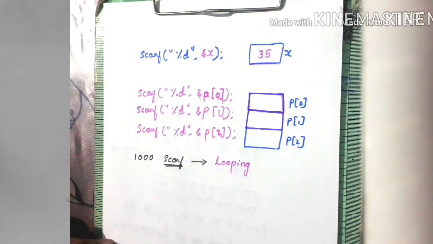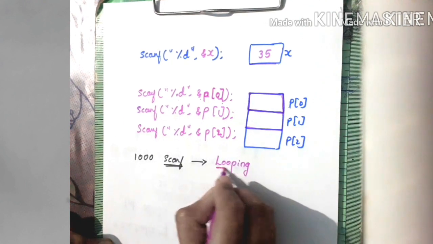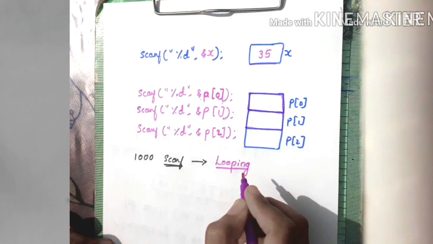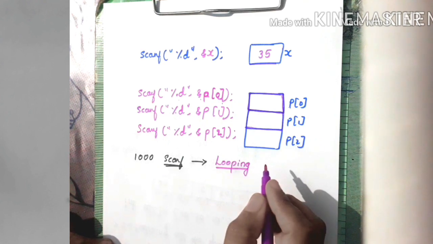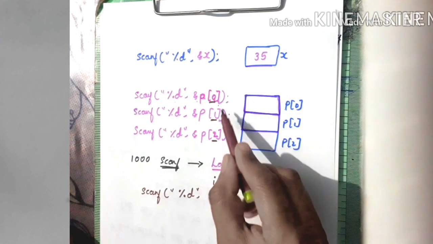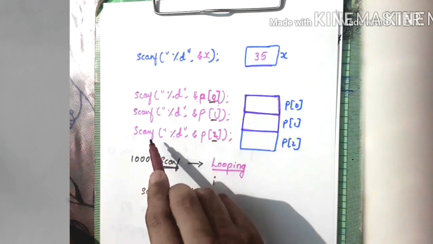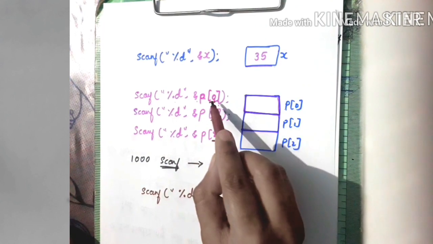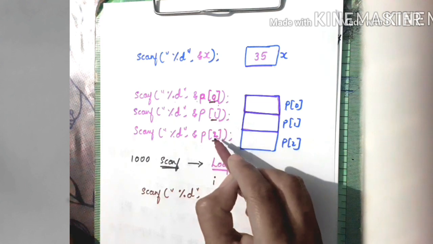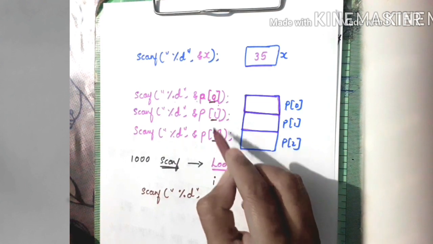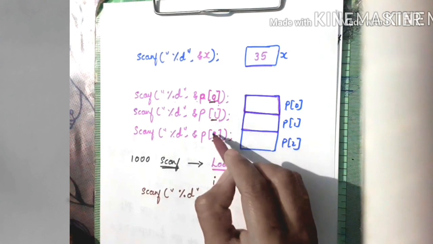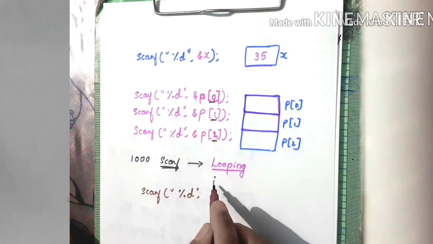Instead of that, we can also use a looping statement to input the data to the array. In all these scanf statements, all the characters are the same, only the position of the array elements changes. Instead of this 0, 1 and 2, I just take i.